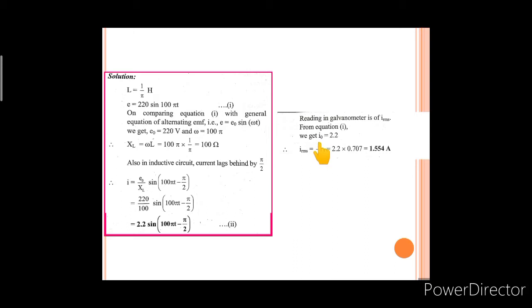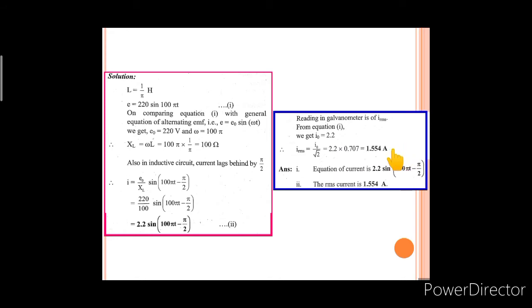Substituting I0 as 2.2 and 1 upon square root 2 as 0.707, the multiplication of these two values gives 1.554. So IRMS is 1.554 ampere. Hence our final answer: the equation of the current I is 2.2 sin 100 pi t minus pi by 2, and the RMS current is 1.554 ampere.